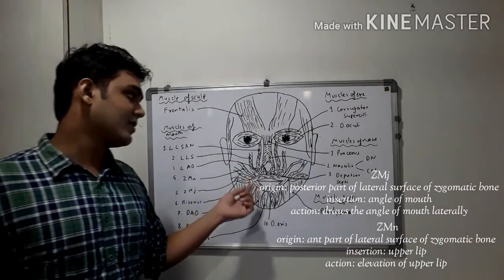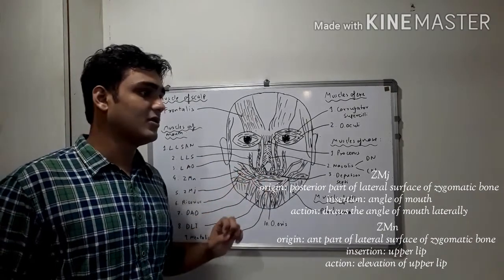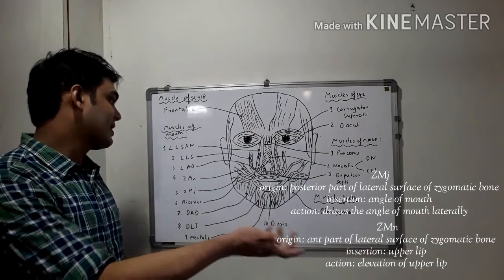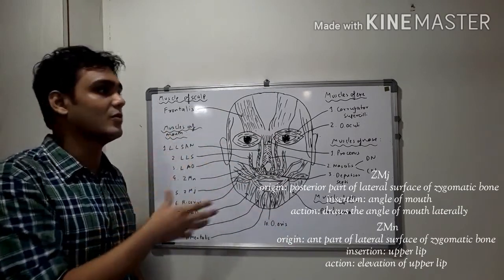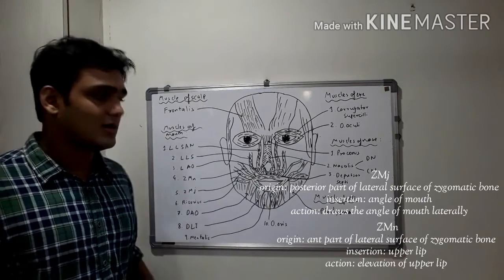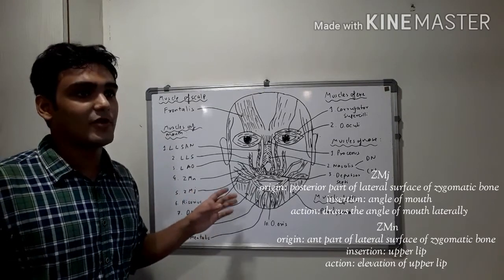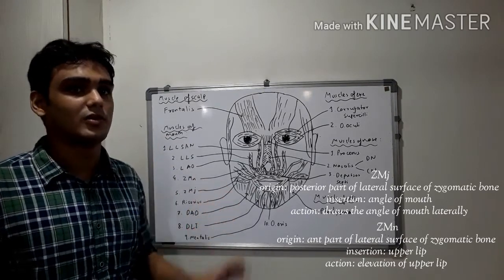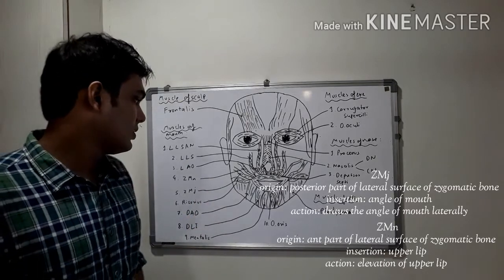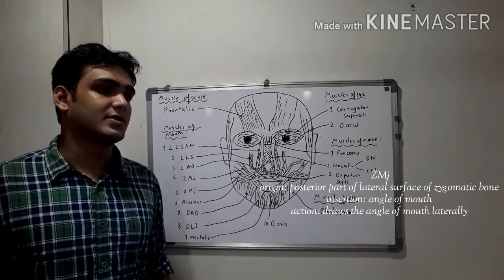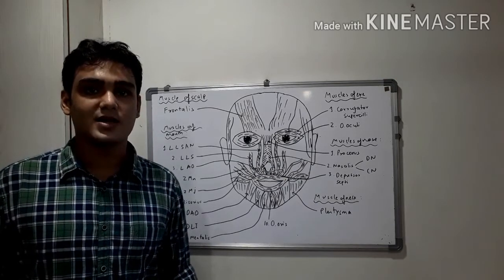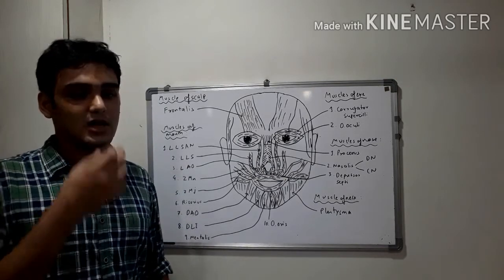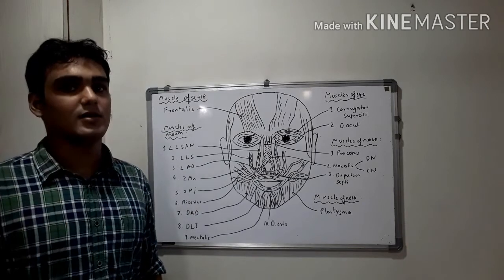And as the upper lip is anterior to the angle of mouth, it can be correlated that zygomaticus minor originates from the anterior part and zygomaticus major from the posterior part. Now zygomaticus minor has the function of elevating the upper lip, and zygomaticus major has the function of drawing the angle of mouth laterally.